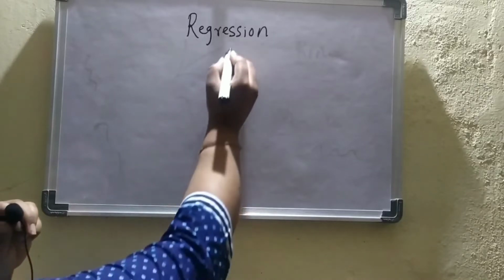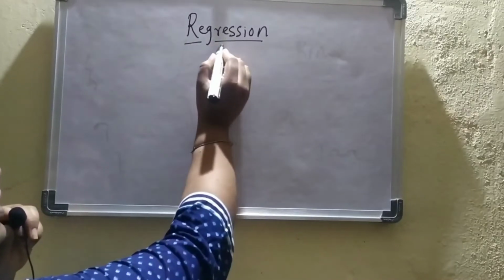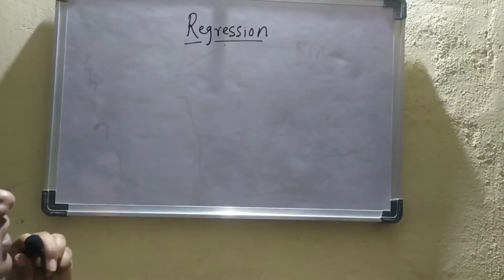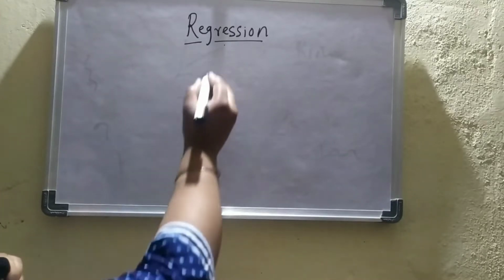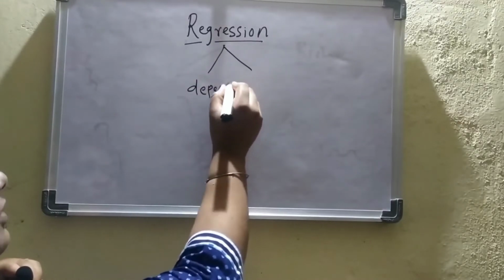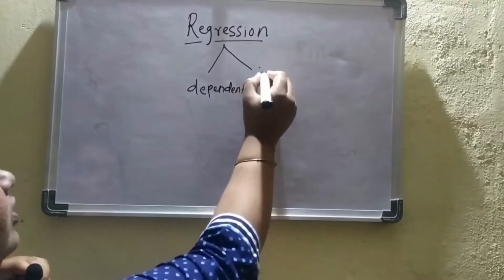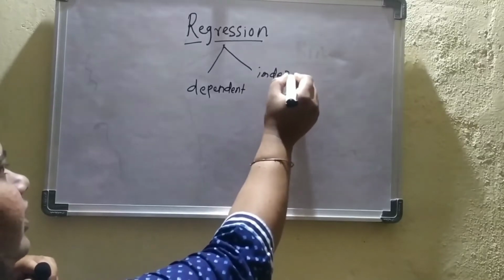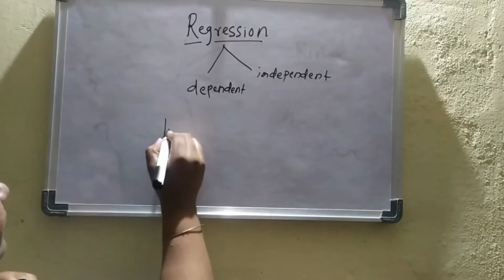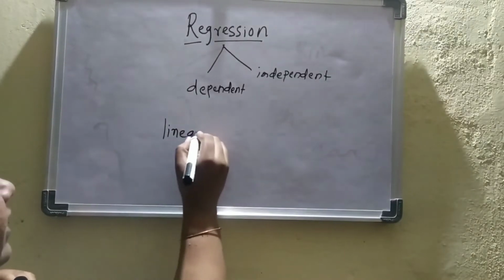Regression is a very important concept when we are dealing with machine learning. Regression is used to calculate the relationship between two variables, that is the dependent variable and the independent variable. What these variables are and how we can find the relationship, we will see in detail. In this video we will see what is meant by linear regression.